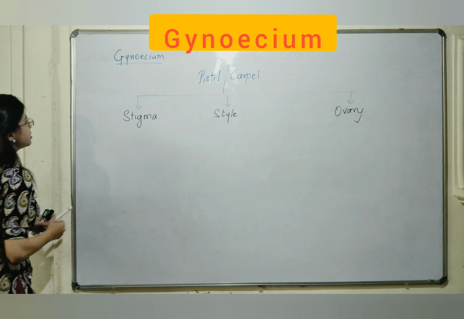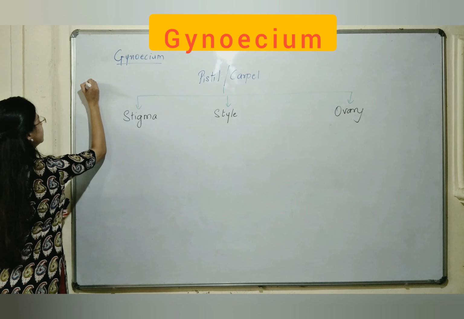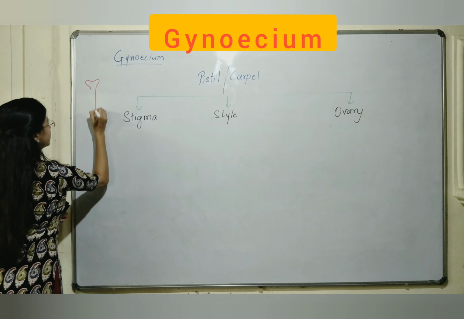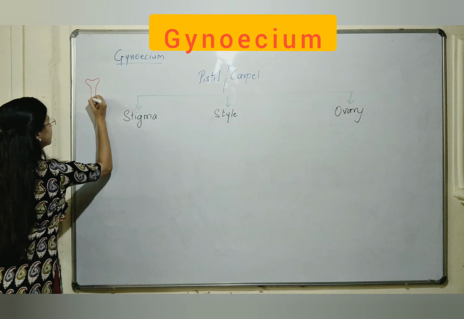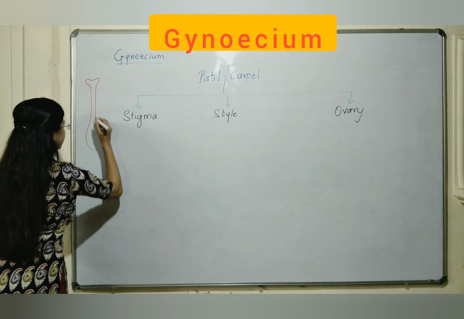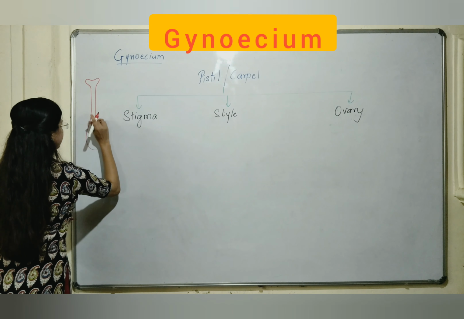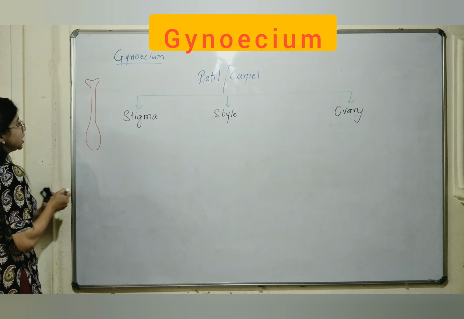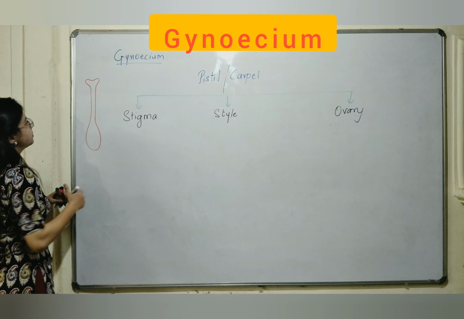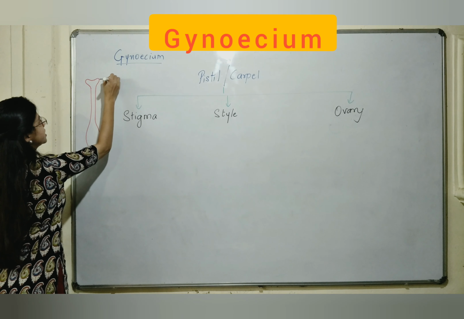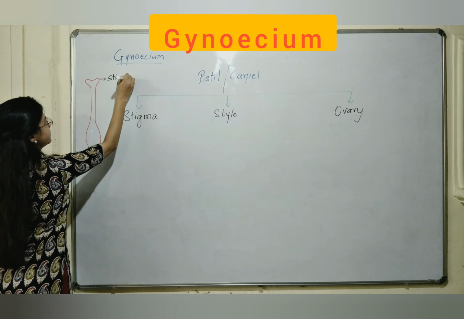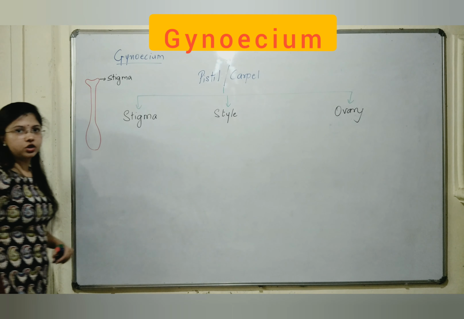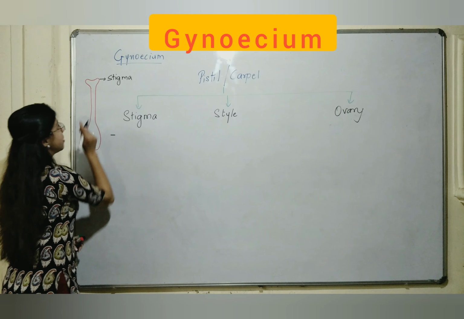So if I draw a structure here, this is a carpel. This is the stigma. So let us see each and every structure in detail. What can be the function of the stigma?